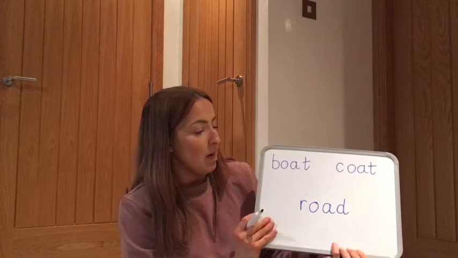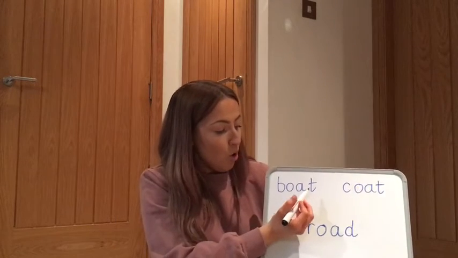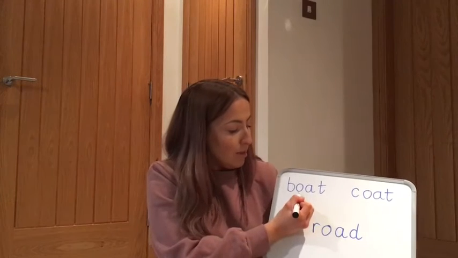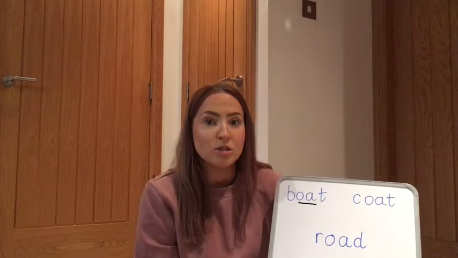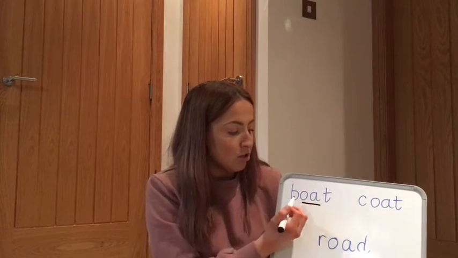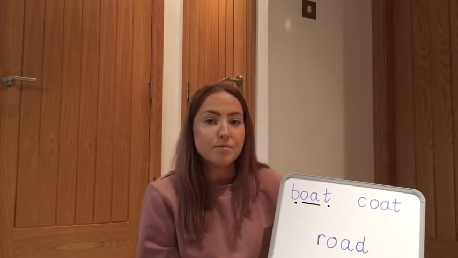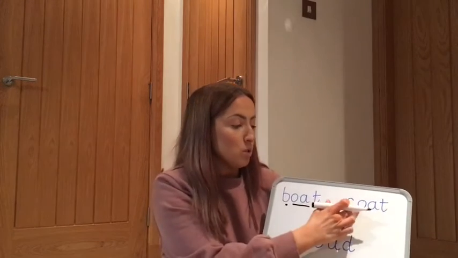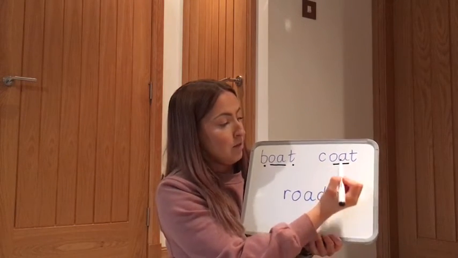So if we have boat, I can see that our sound, the O sound, is right in the middle. So I'm going to draw my line under my two letters that make our sound. And that means under the B and the T, I just need to put a dot. Same for coat. Again, I can see our sound is right in the middle.